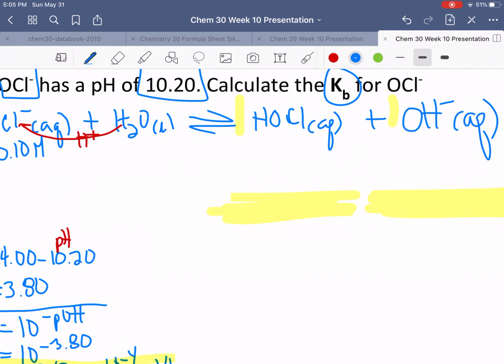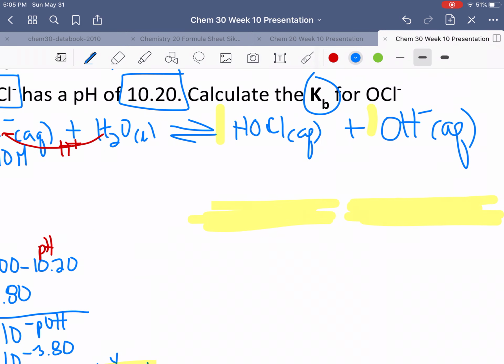That's a big deal. So we can fill those in now. For the hydroxide, this is 1.58 ... times 10 to the negative 4 moles per liter. The HOCl is going to be identical. 1.58 ... times 10 to the negative 4 moles per liter.